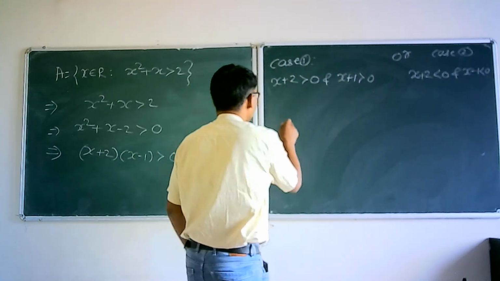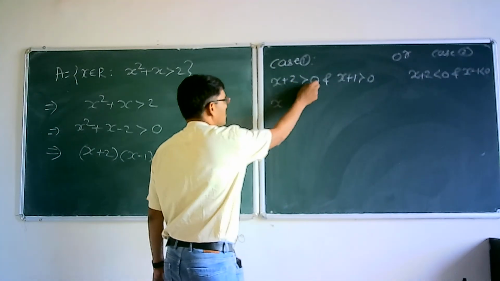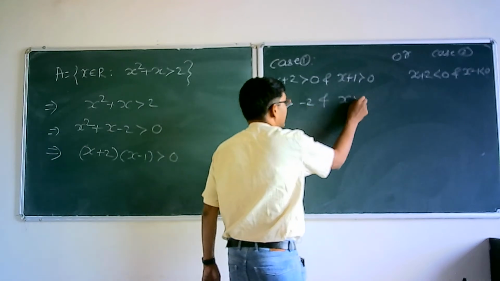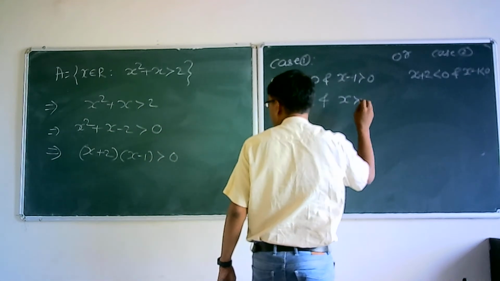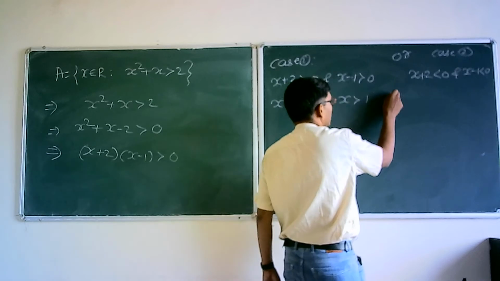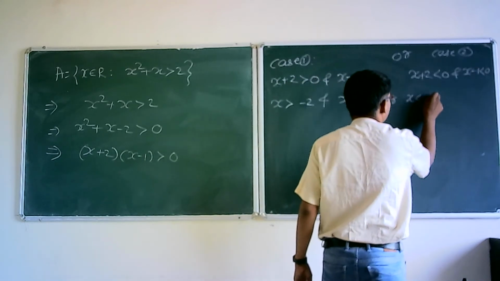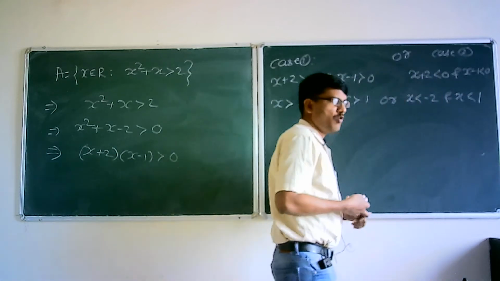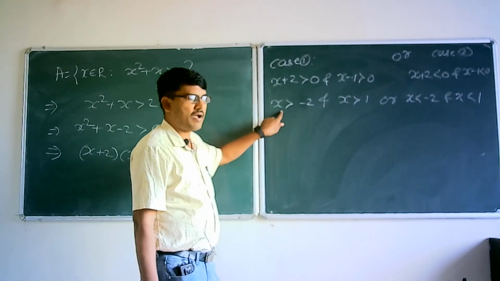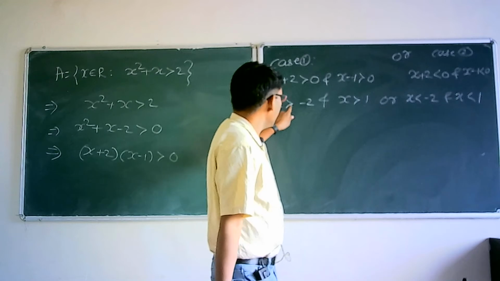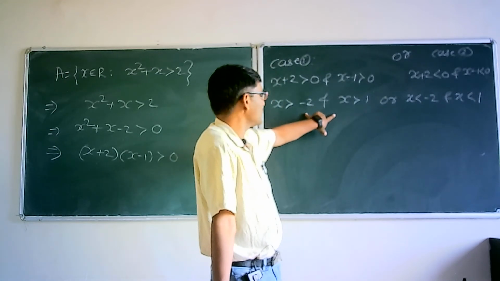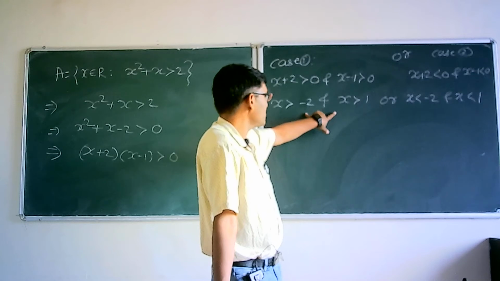So what happened here? Now x + 2 > 0 implies x > -2, and x > 1. Or x < -2 and x < 1. So if you observe, for the first case we can find the intersection of x from these two inequalities.